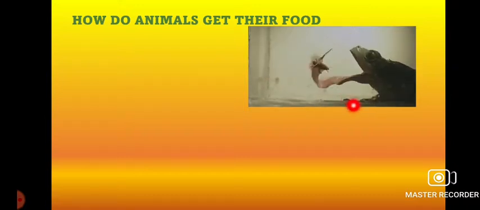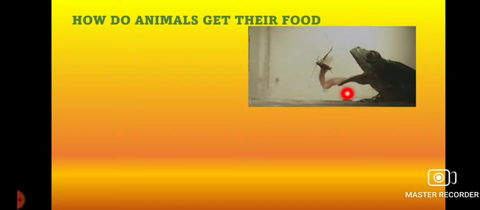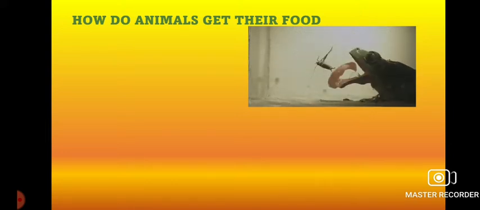So it is said that the frog shoots out its tongue when it wants to catch the prey. It shoots out its tongue, and then it folds it back. You can see, but when does it fold back?